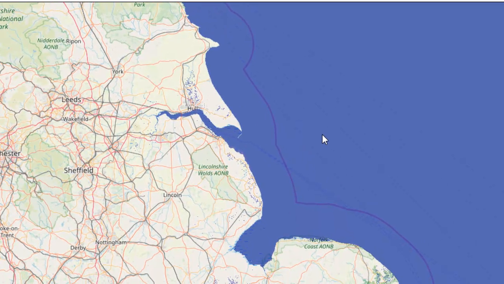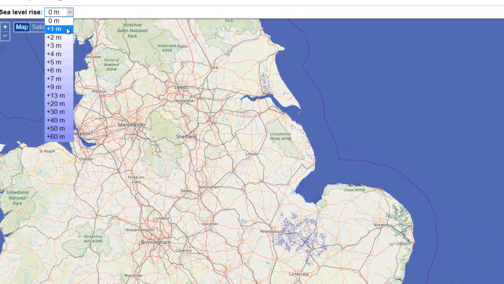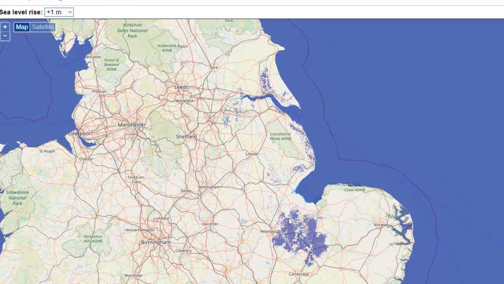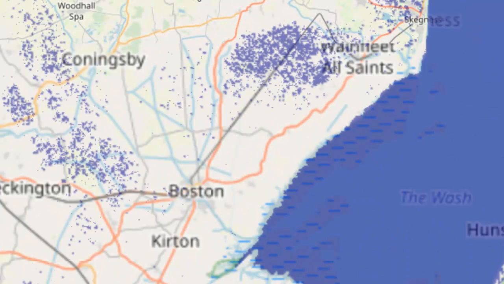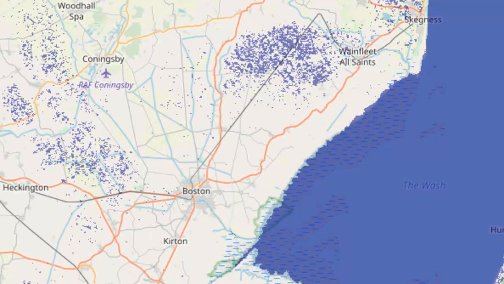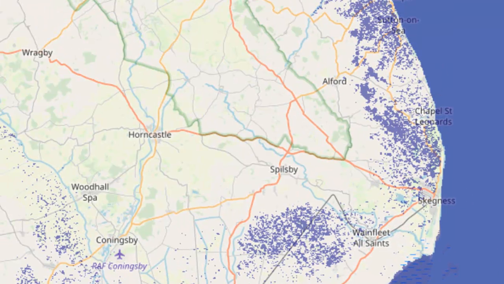But okay, we talk about global warming and the changes that will make. But this is where it becomes a little bit worrying, folks, because if we raise the water level by 1 metre, that puts it up to 6 metres straight away. Look, Peterborough's got a lot of problems because they're below sea level. The area where we live here, between Grimsby and Skegness, we've got problems.